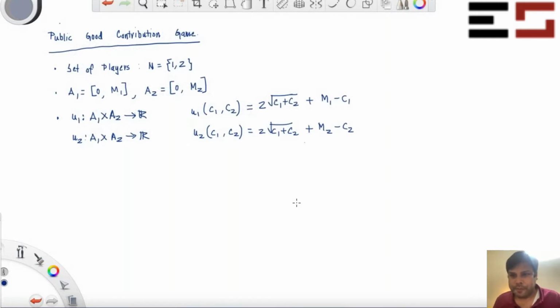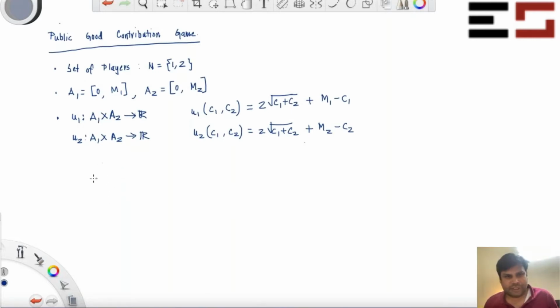So let's do that for some specific values first, and then you can try other values of M1 and M2 and figure out the relationship between the Nash equilibrium and the different possibilities of income levels of the two consumers.